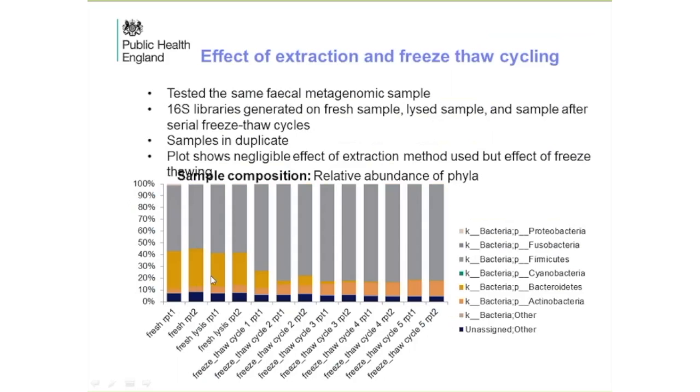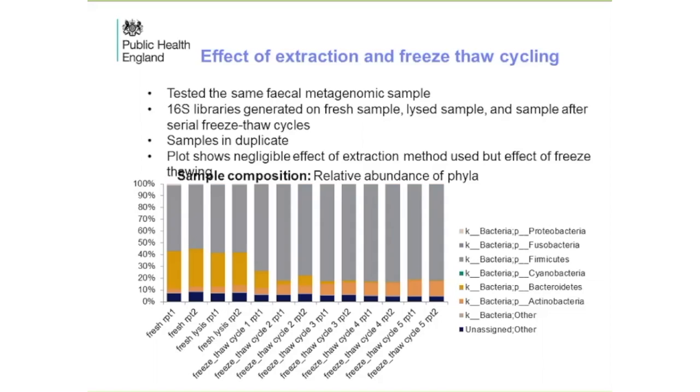The next two are ones where we've done the lysis that I've shown on the previous slide. We then, in parallel, took that same set because we had split that into replicas, and we froze the samples. As you can see in the next sets here, these are samples that have been frozen and thawed once, then frozen and thawed a second time, third time, fourth, and fifth.